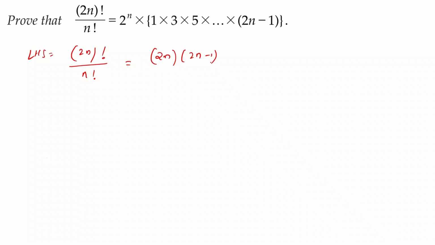So we keep on subtracting 1, that's the logic, until we finally reach 1, whole divided by n factorial. We don't write down n factorial as n into n minus 1 into n minus 2. You will see shortly why I am not expanding this.